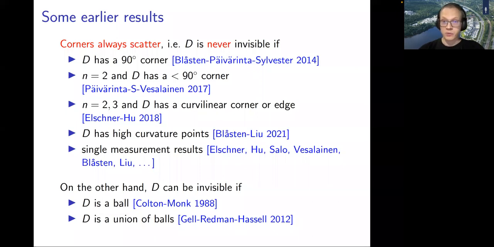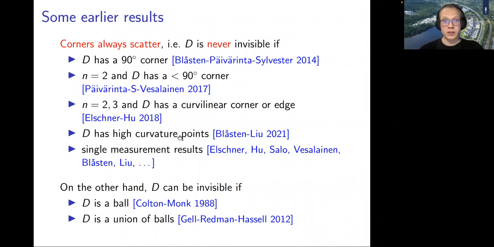There's a sequence of works by Blåsten and Liu and co-authors. One of their results says that if D has high curvature points, then you have some kind of scattering. The idea here is that if you have a corner point, then the curvature is infinite at the corner point. But if you have a point where the curvature is very high, then you have some kind of lower bound for the far-field pattern.